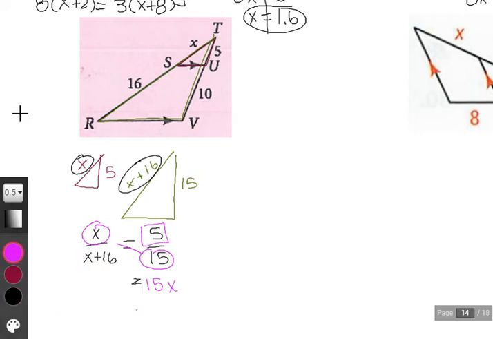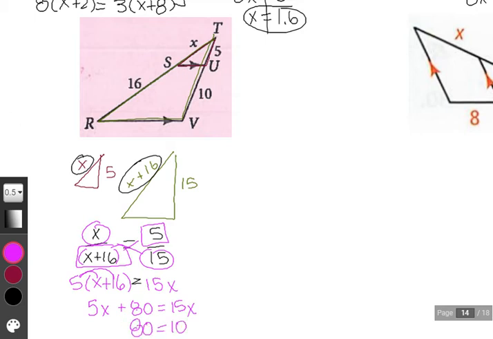Okay, so 5 times the quantity x plus 16 on the right. So distributing 5 times x, 5 times 16, that gives me plus 80. Okay, we'll subtract 5x's on both sides. So we end up with 80 is equal to 10x, which implies x has to be equal to 8 because 10 times x is 80.